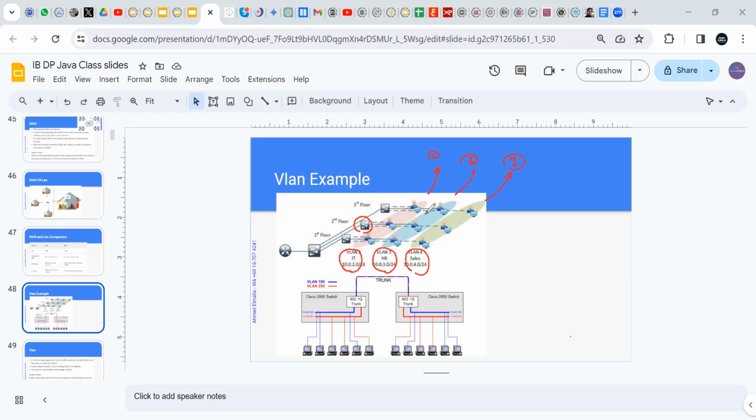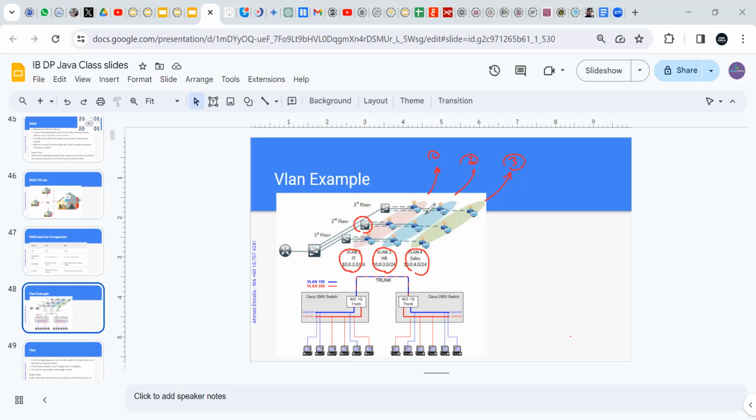HR have secret documents that should not be shared with IT people and salespeople. Salespeople information, or even contracts with the clients, should not be shared with the HR people. Do you understand why we need to separate people on a virtual LAN?